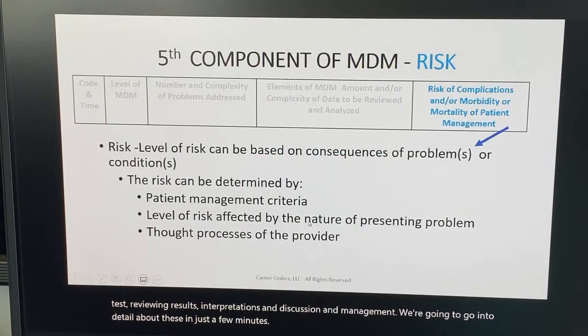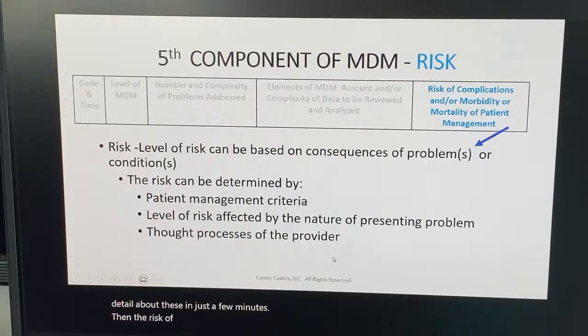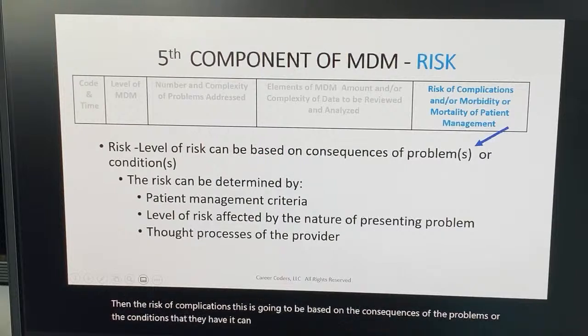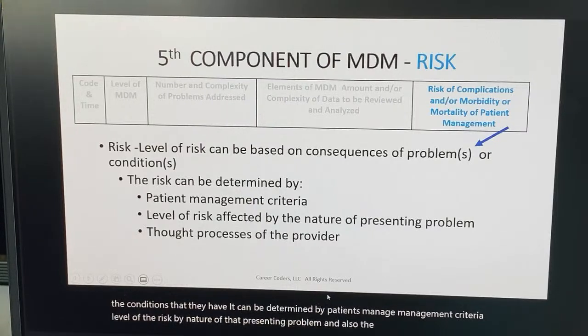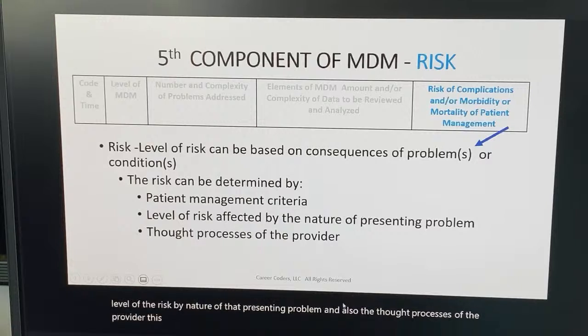Then the risk of complications, this is going to be based on the consequences of the problems or the conditions that they have. It can be determined by patient's management criteria, level of the risk by nature of that presenting problem, and also the thought processes of the provider. This is one that we all will struggle with.